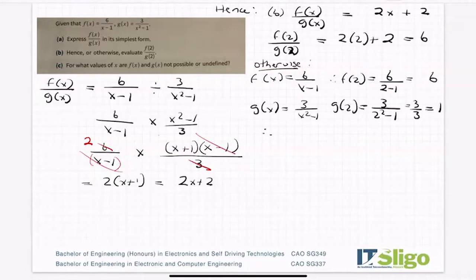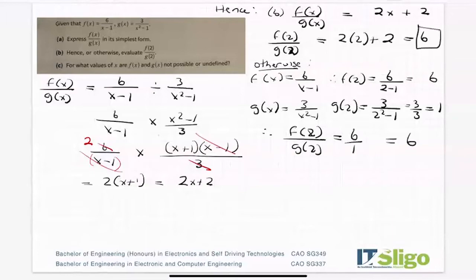So therefore, f of 2 over g of 2 is equal to, well, that's my f of 2, that's my g of 2, so it's equal to 6 over 1, which is 6. So whether you got the answer from hence or otherwise, it doesn't matter. Okay, either of them works. So that was part B.